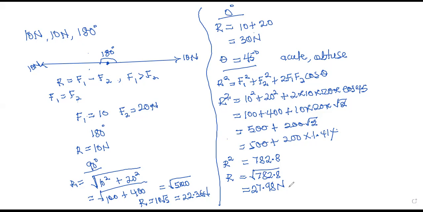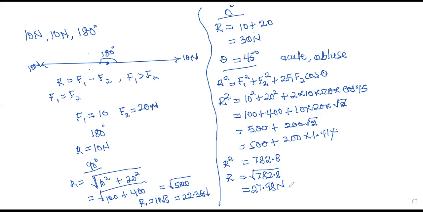So please take note of that. If two forces or vectors are acting at a point concurrently, the greatest resultant force is when they are acting parallel to one another. The least resultant force will be when they are acting opposite to one another. Is there any question? No question. Let's move on to the next question.